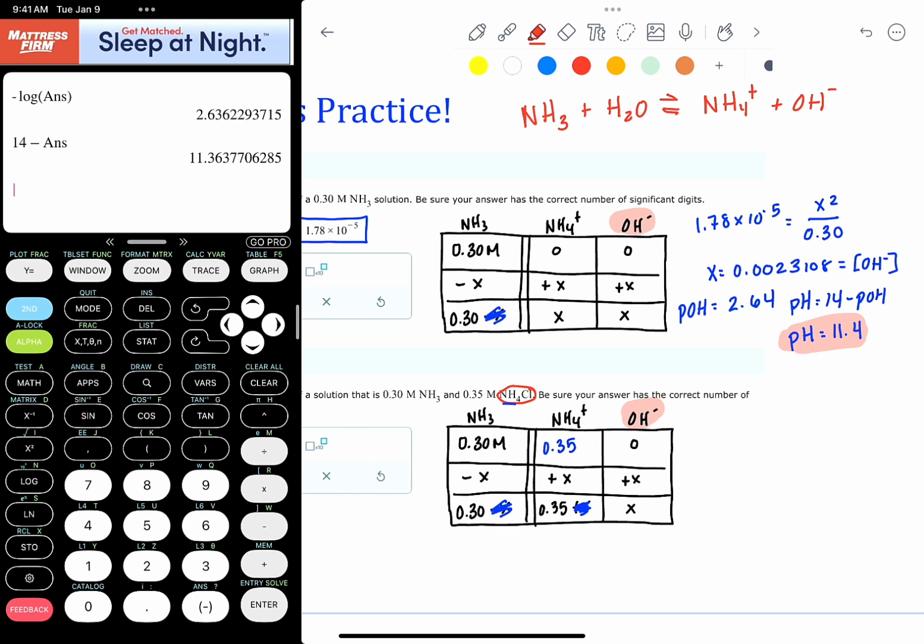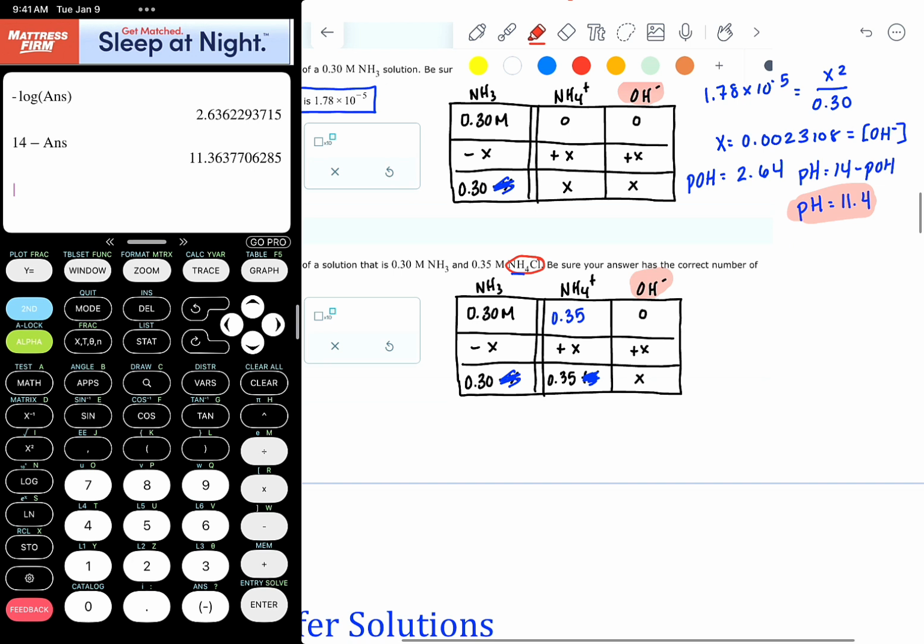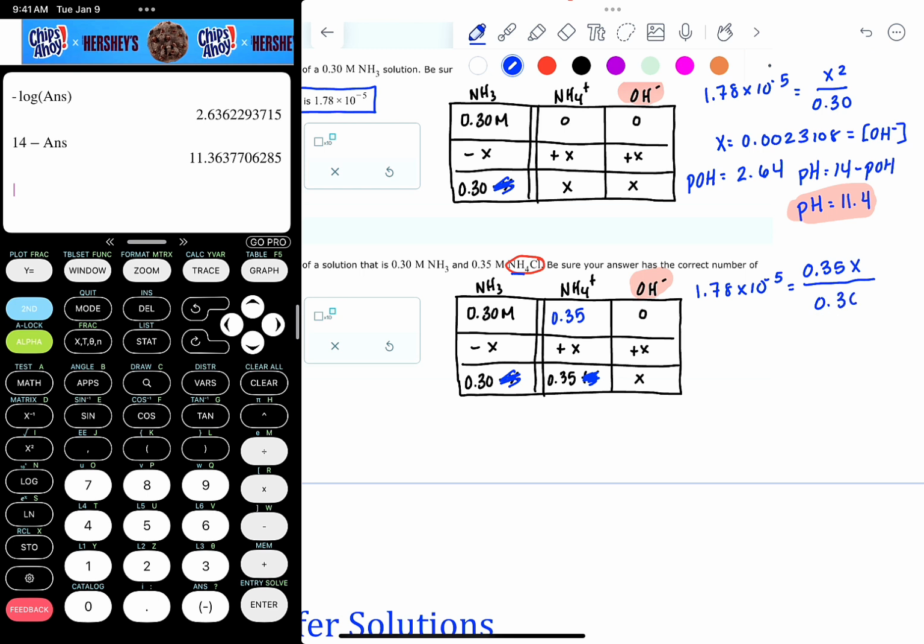So that's our first problem, the pH of our first solution. Our second solution is now adding a common ion. So we're going to set up the problem in a similar way. We have 1.78 times 10 to the minus 5 as our Kb. But instead of having x squared on the top, we're going to have 0.35 times x divided by 0.30.